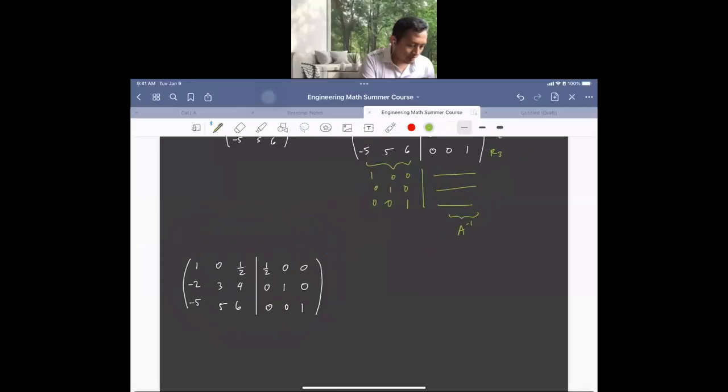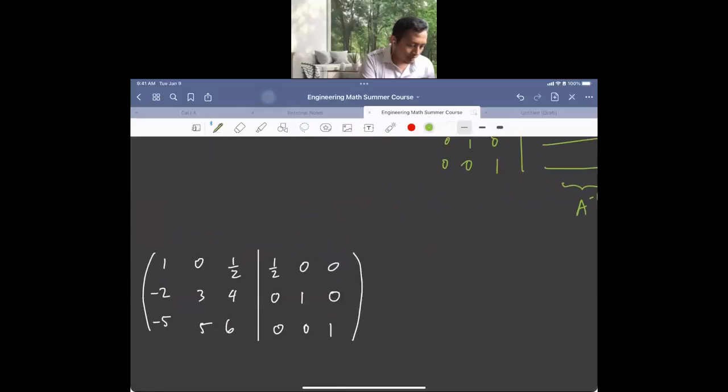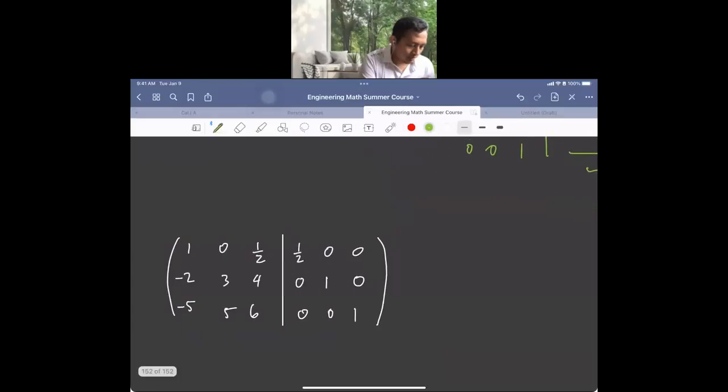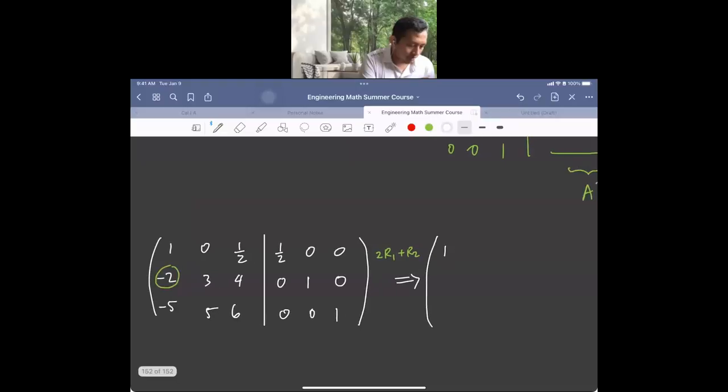Okay, what next here? The next thing is, I want to make this negative 2 into 0 first. So maybe I will multiply the R1 with 2 and then add the R2. Okay, so let's do that.